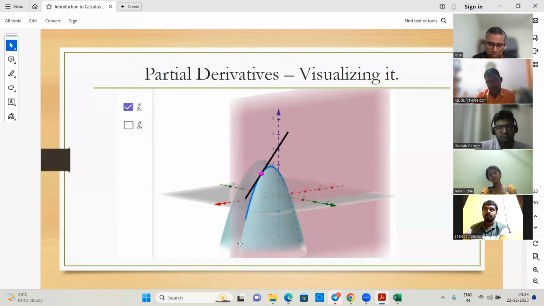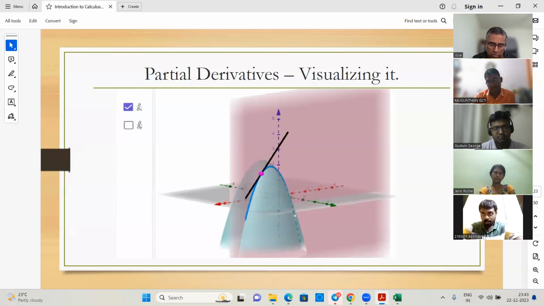I'll traverse again. Here is my mouse traversing a curve. Now, given that I've traversed this curve, can someone tell me what was constant? Was X constant or was Y constant?